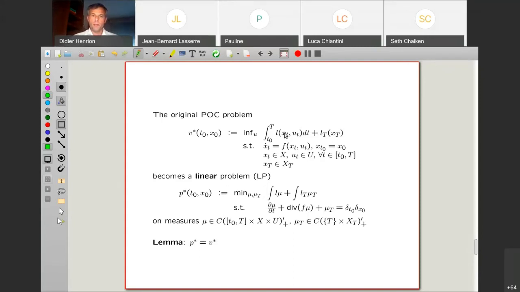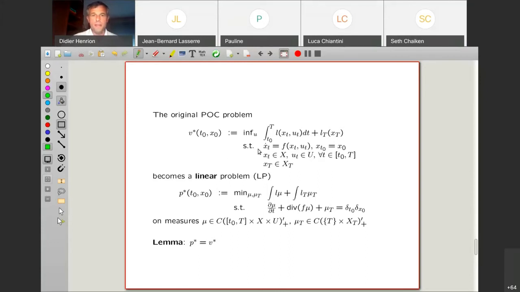Since the integrands in my original OCP are time integrations along trajectories, this corresponds to space integration of occupation measures, here of the whole occupation measure, and here of the terminal occupation measure. And instead of my nonlinear ODE, here I have the linear Liouville equation.